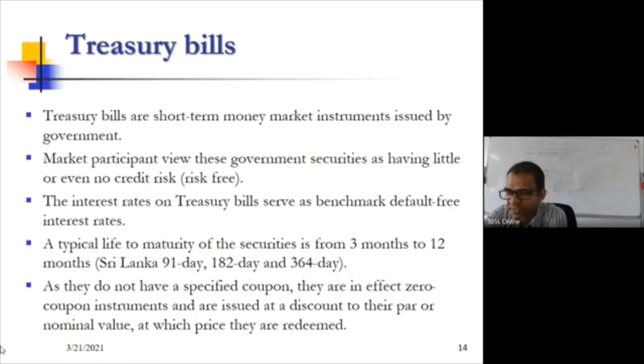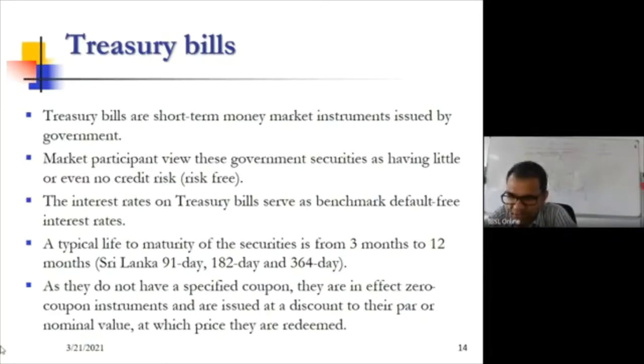So treasury bills are non-interest bearing products. No interest is paid during the lifetime of the treasury bill. The only thing the government announces is that on the maturity date they will pay the face value.